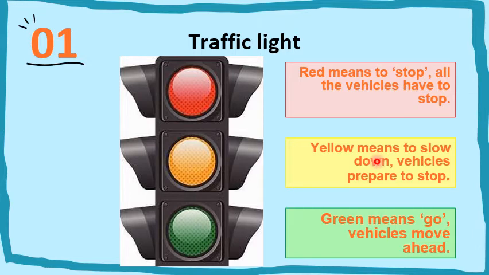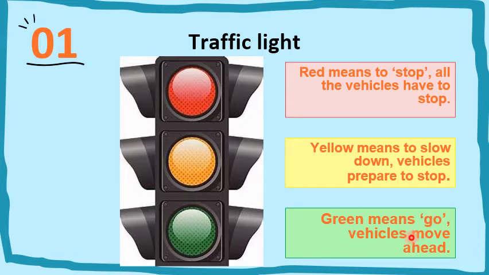Yellow means to slow down. Vehicles prepare to stop, so you are ready to stop when the light on the traffic light changes into yellow. Now, green means go.